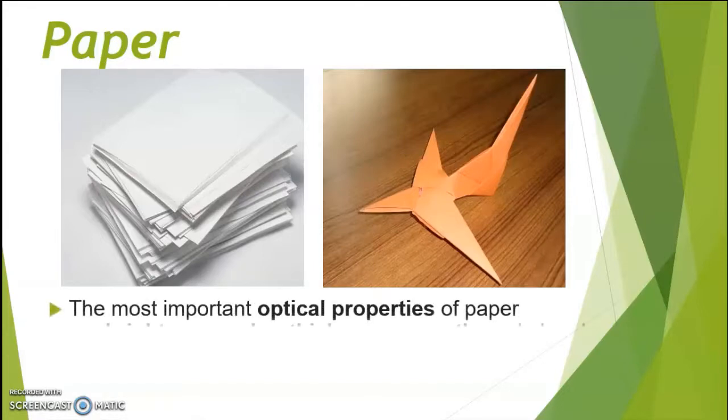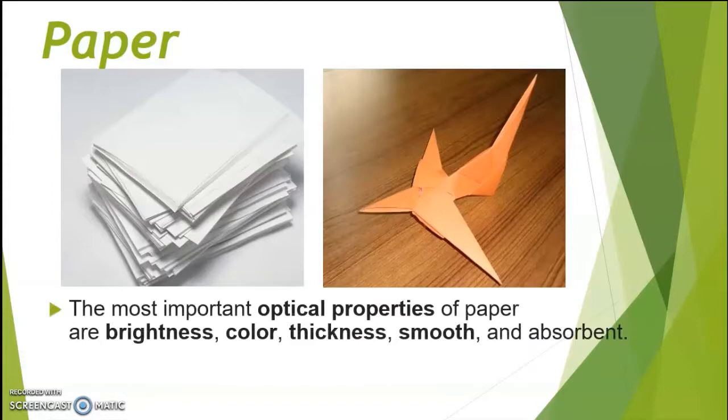And now the most important optical properties of paper. The properties of paper are brightness, color, thickness, smooth, and absorbent. Did you get it?